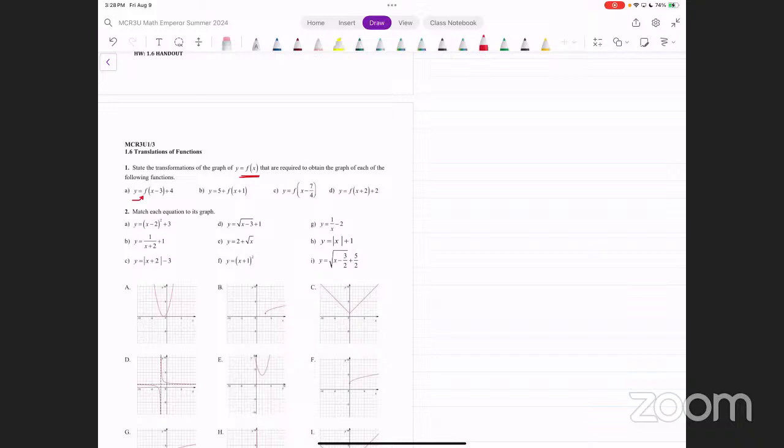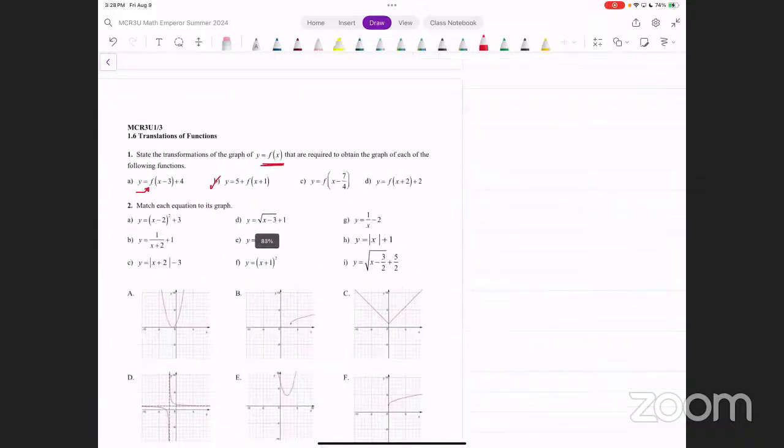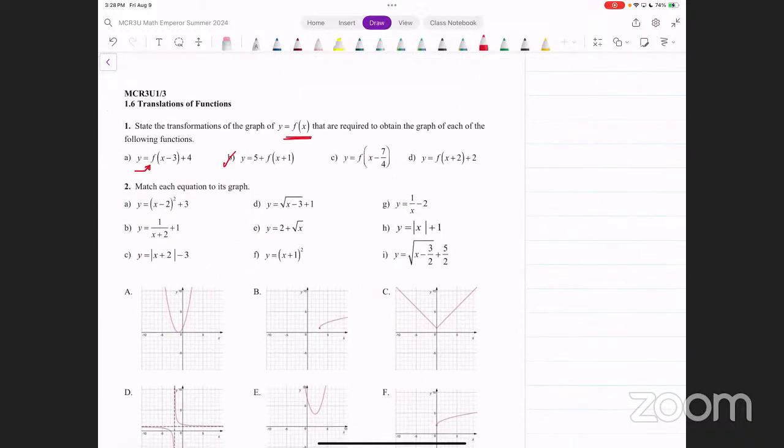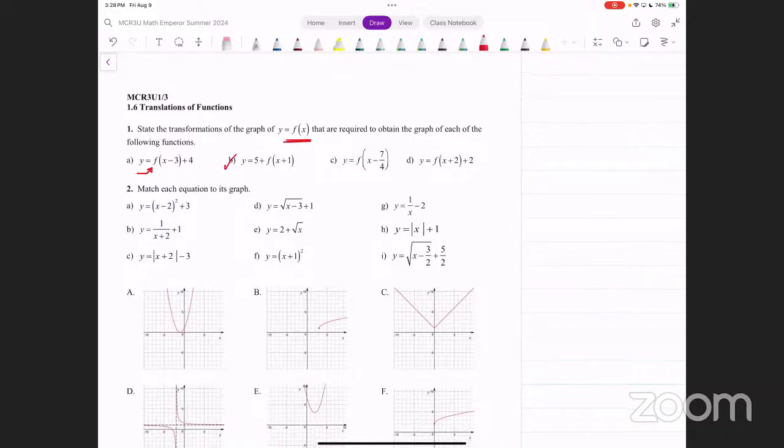So let's see if you can verbally tell B. They switch around the numbers, but you should be able to tell. They switch the 5 and the function out. What's happening? Horizontally translate to the left 1 unit, and then vertically translate. You got that right. So yes, C. There's nothing outside, so only inside.